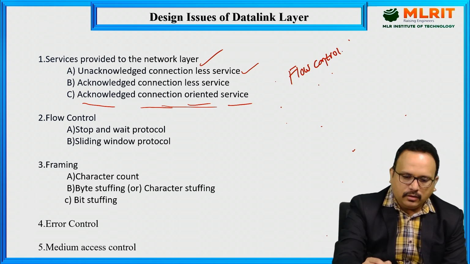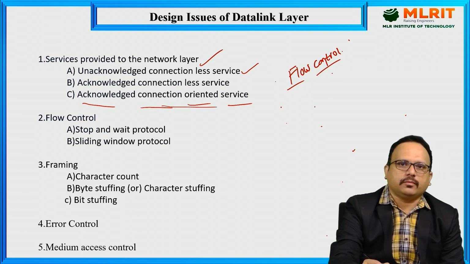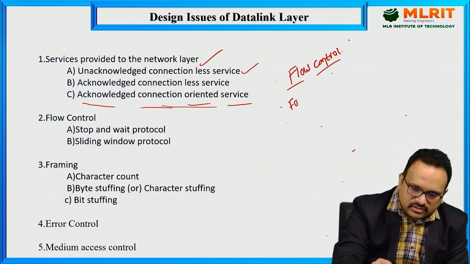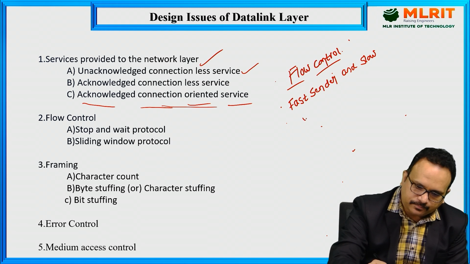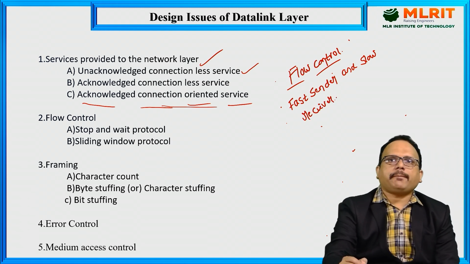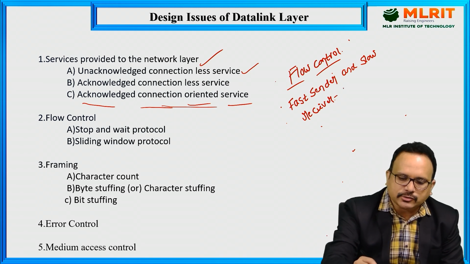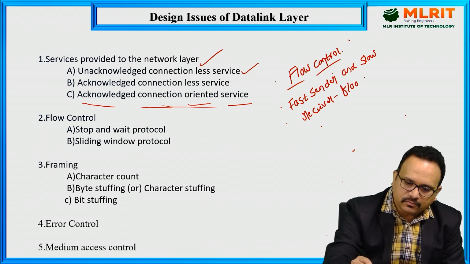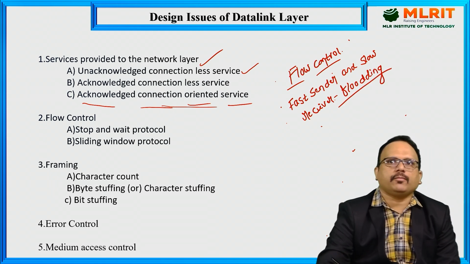Why do we require a flow control mechanism? If we have a fast sender and a slow receiver, then what happens? It ultimately leads to a problem called flooding.